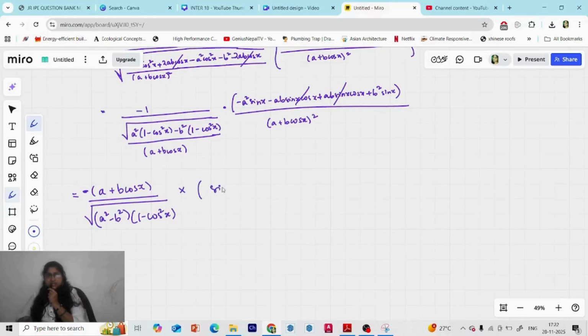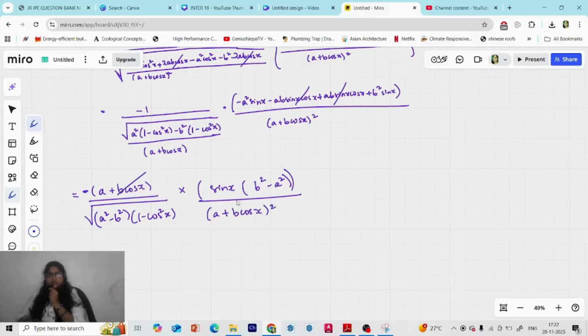I can take sin x common, sin x into, what does this become? b square minus a square, correct? Whole divided by a plus b cos x whole square.